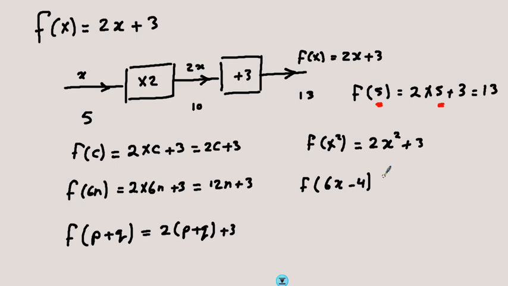Now we're replacing x on the left-hand side by 6x minus 4. So we should replace the x on the right-hand side by 6x minus 4, and this becomes 2 times 6x minus 4 plus 3, giving 12x minus 8 plus 3, which is 12x minus 5.